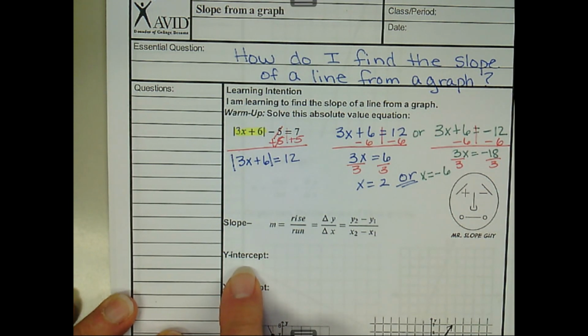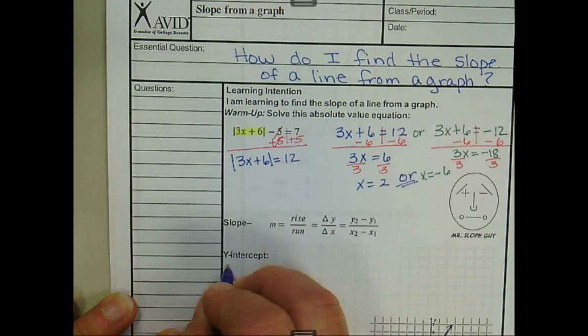Okay, what does the word intercept mean? If I intercept a pass in football, that means I've stolen it or I've grabbed it. Your y-intercept, this is your y-axis. Your y-intercept is where the graph crosses the y-axis.